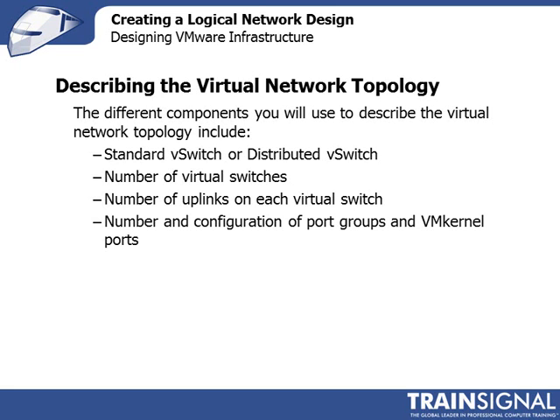How many virtual switches are there going to be? How many uplinks will the virtual switches use? And what will be the number and configuration of the different port groups and VMkernel ports on those virtual switches? All of these things will play together to help you describe and lay out what the virtual network topology is going to be. And that virtual network topology is a key part of the logical network design.